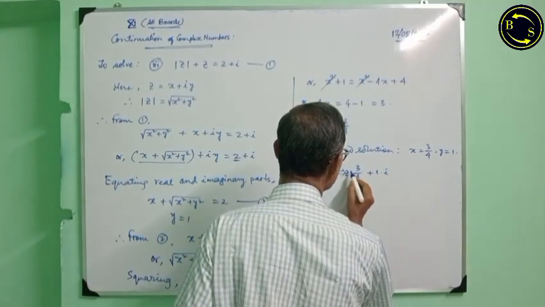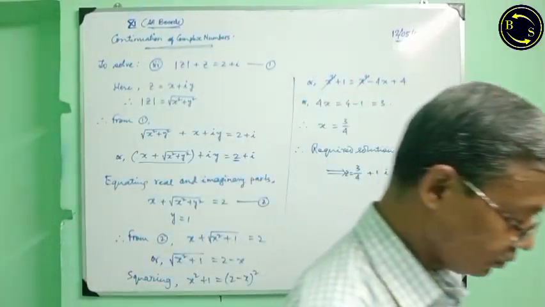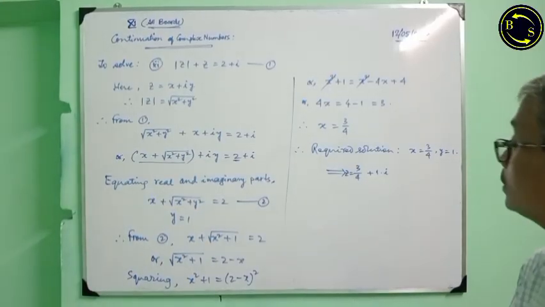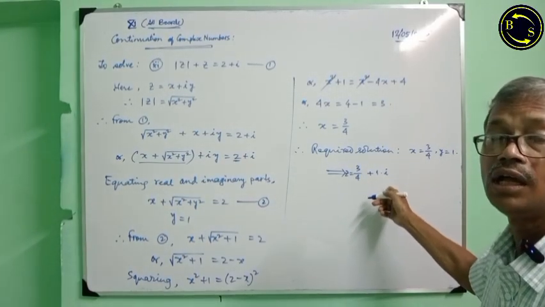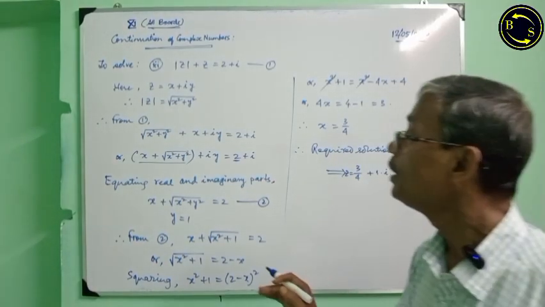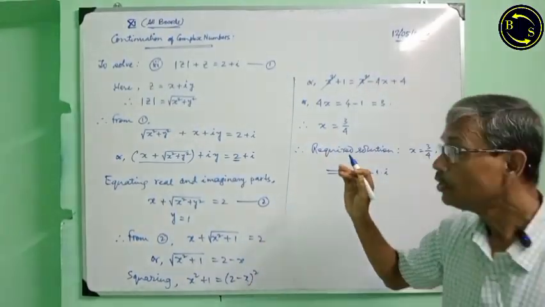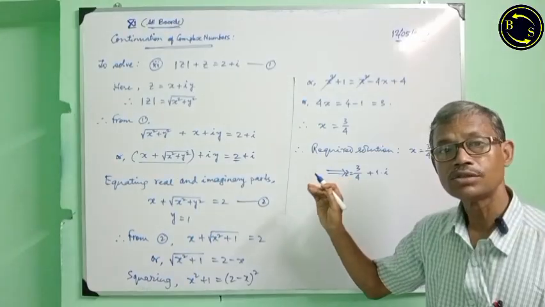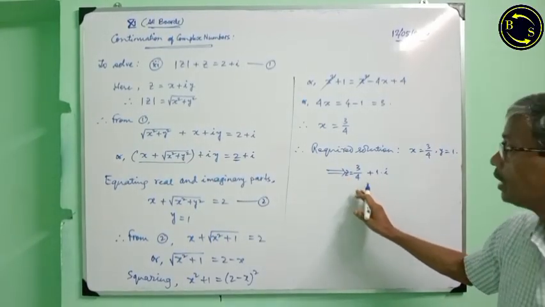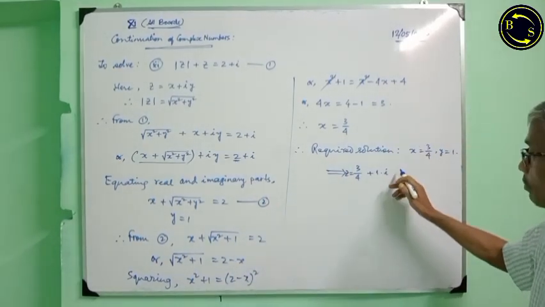We can mention z equal to 3 by 4 plus i. That is the solution. Caution to you, remember, if you get z in the given equation, you are to write the answer in the form of z, that is x plus iy form. You see, after getting the values of x and y, I have given the answer in this form.